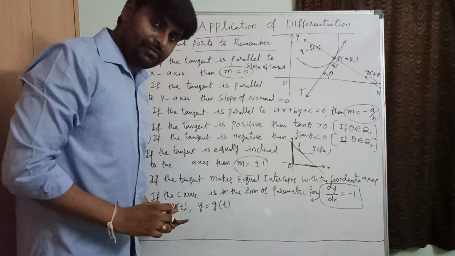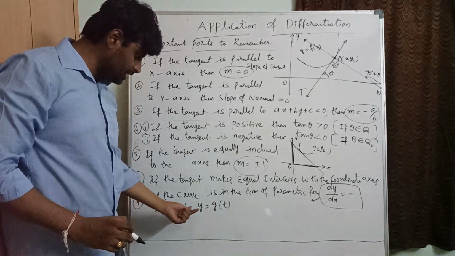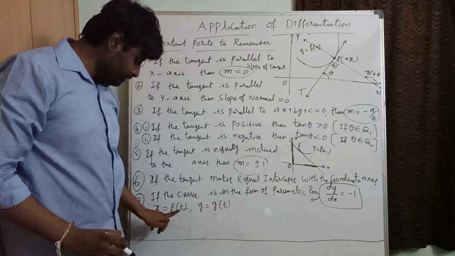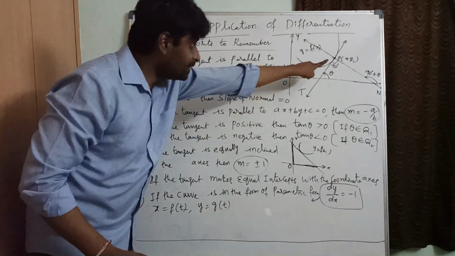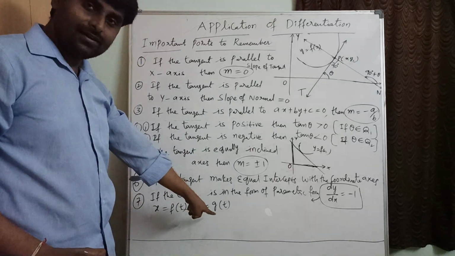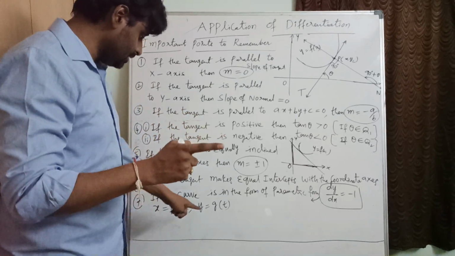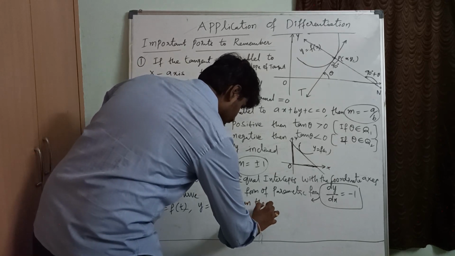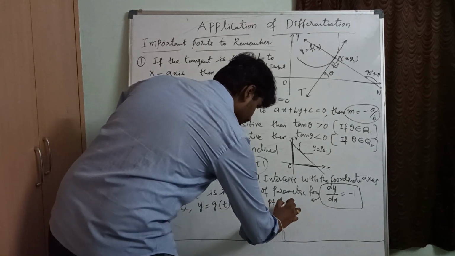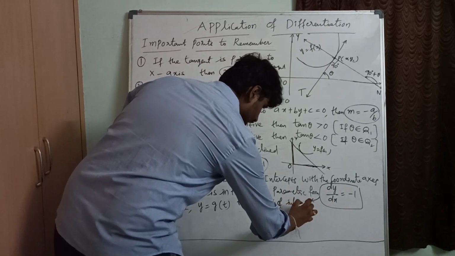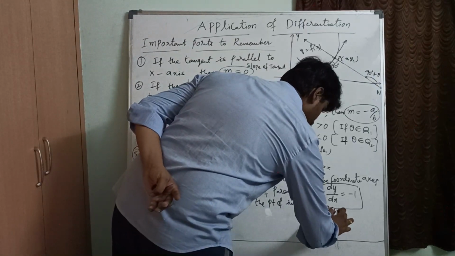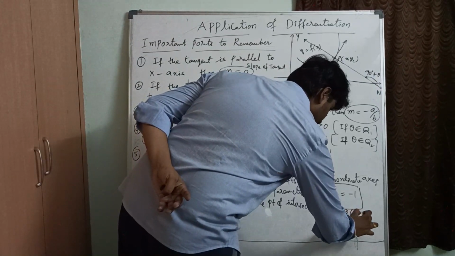Whenever you are given a curve in parametric form like x equal to f of t, y equal to g of t, then this will be the point. So the point will be f of t comma g of t. That is the point of contact, the point of intersection of the tangent and the curve. So f of t comma g of t, correct or not?